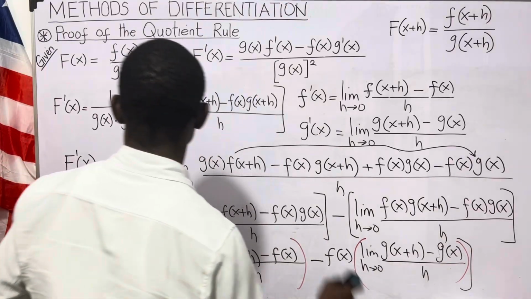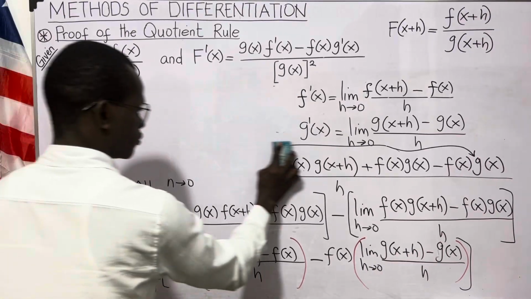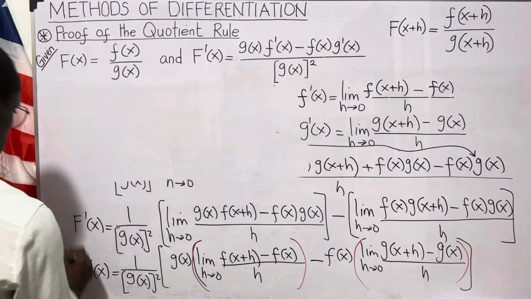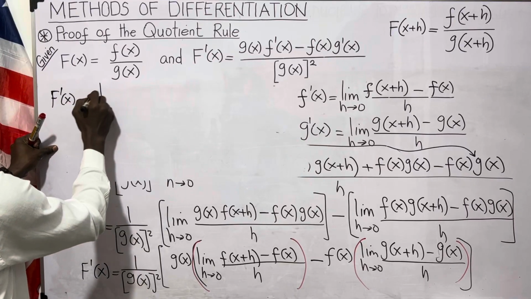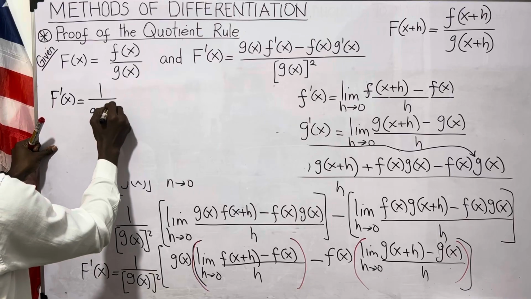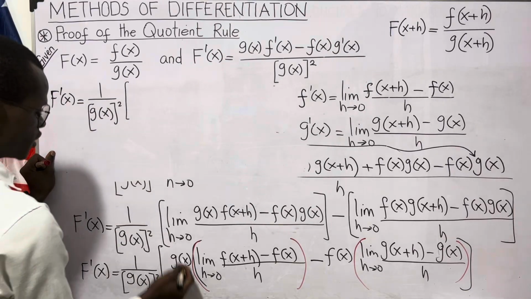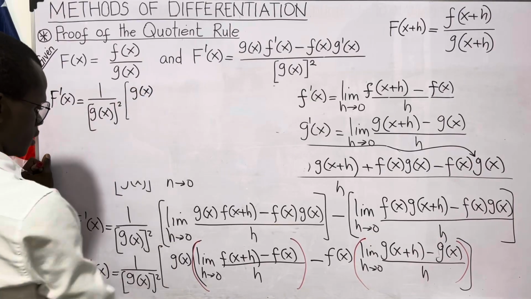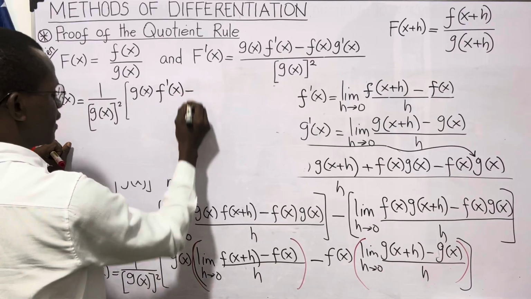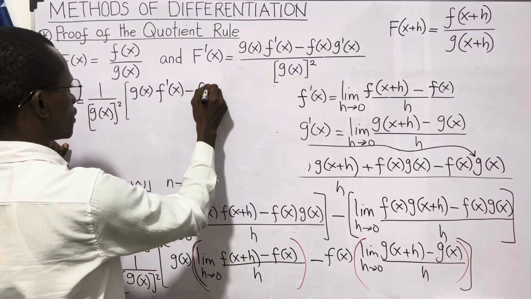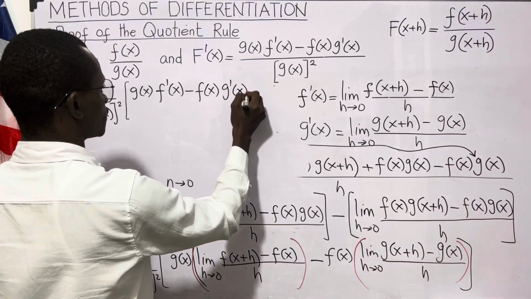So therefore, I will have f prime of x to be 1 all over g of x all squared times, the first one is g of x, and then this is f prime of x, minus this is f of x, and then this is g prime of x.